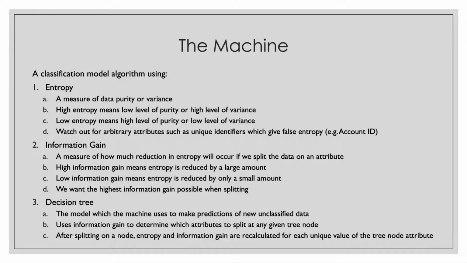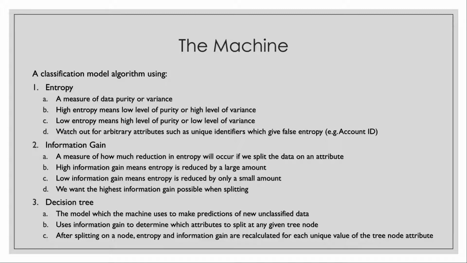And with information gain, we are measuring how much reduction in entropy will occur if we split the data on an attribute. So we want a high amount of information gain. When we find the highest information gain, we split the decision tree on that attribute.